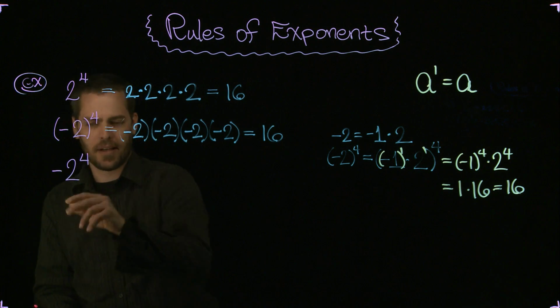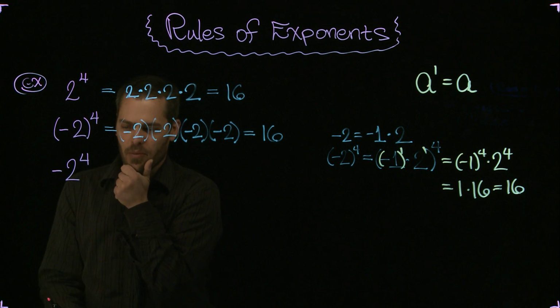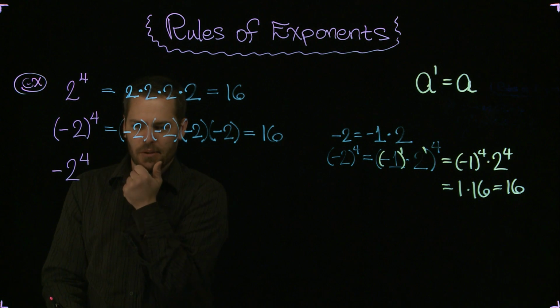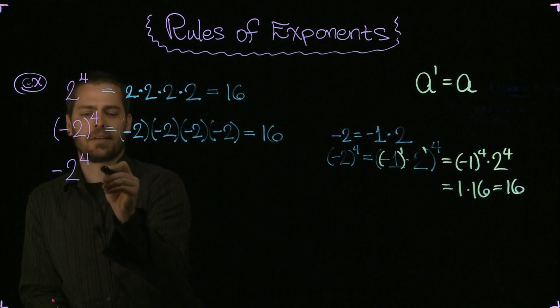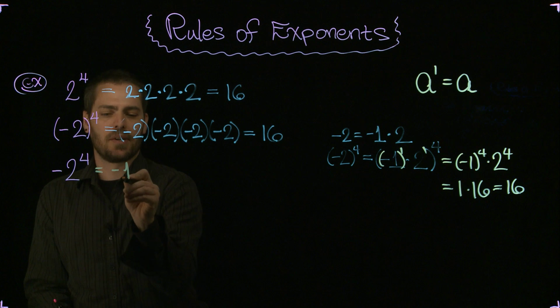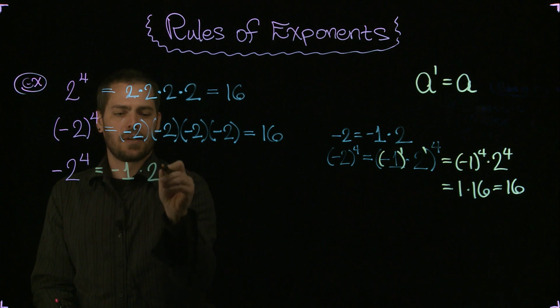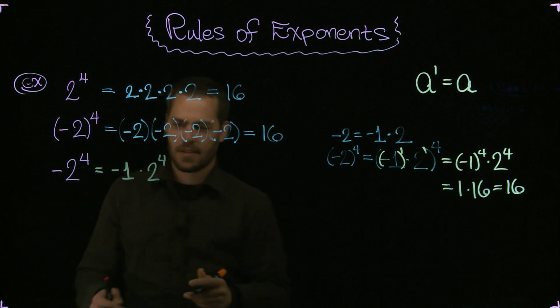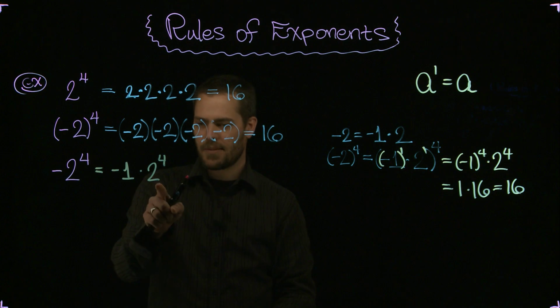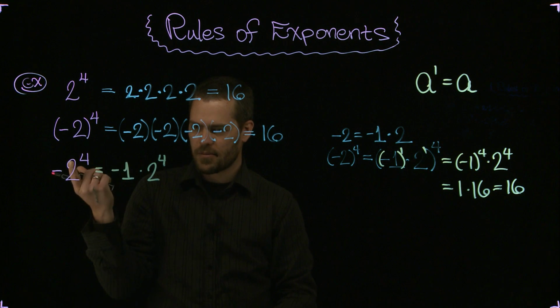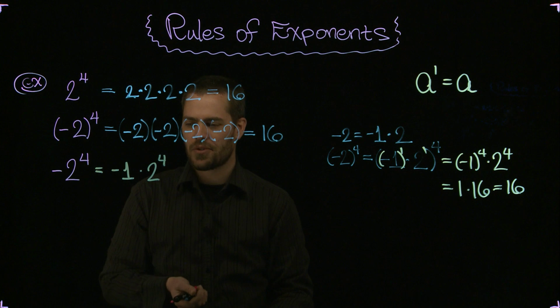What does that mean about this guy? Negative 2 to the 4th power. Well, first thing I want you to agree with me about is that this is the same as negative 1 times 2 to the 4th power. Is that true? Negative 1 times anything makes it negative itself, right? So certainly that appears true.